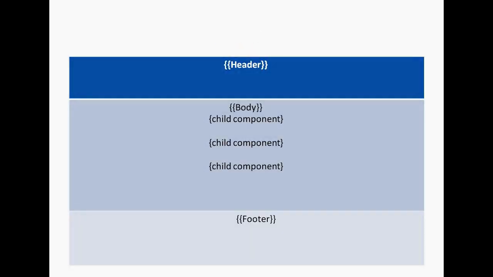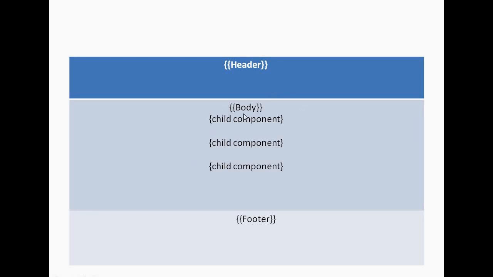Let's take an example of an application having a header, body, and footer section. The header is one component, the footer is another component, and the body is one component. The body contains a number of child components.